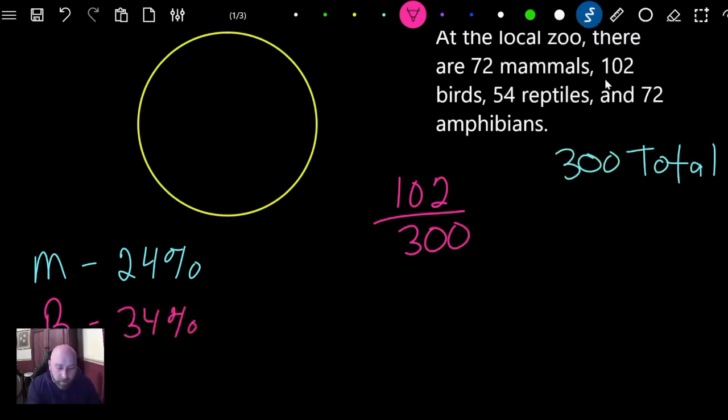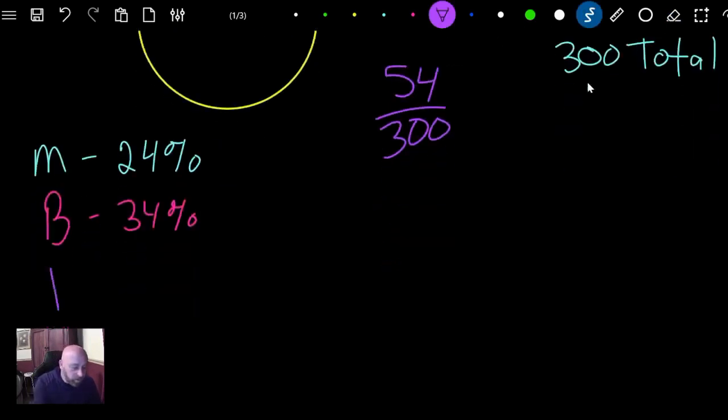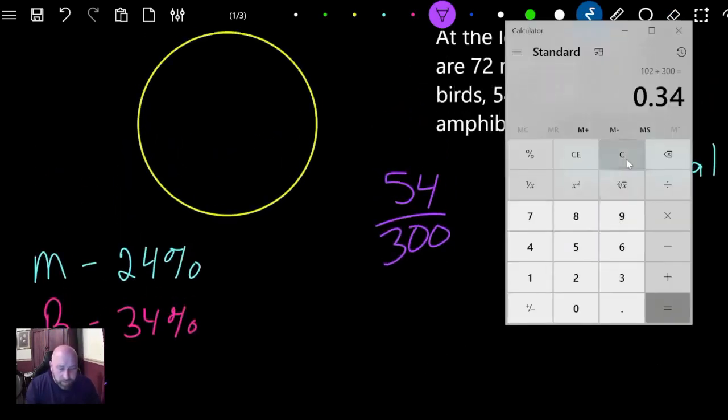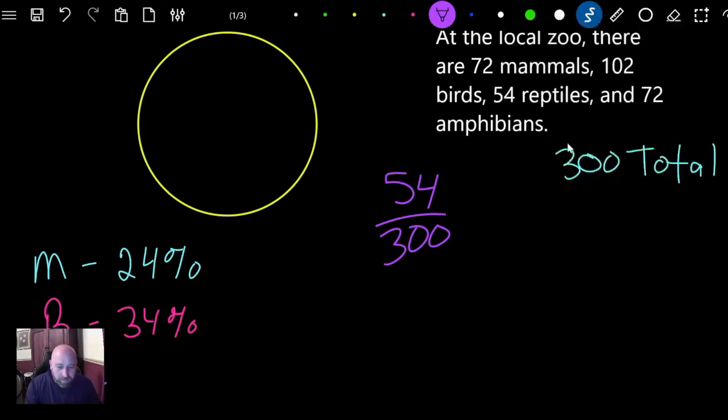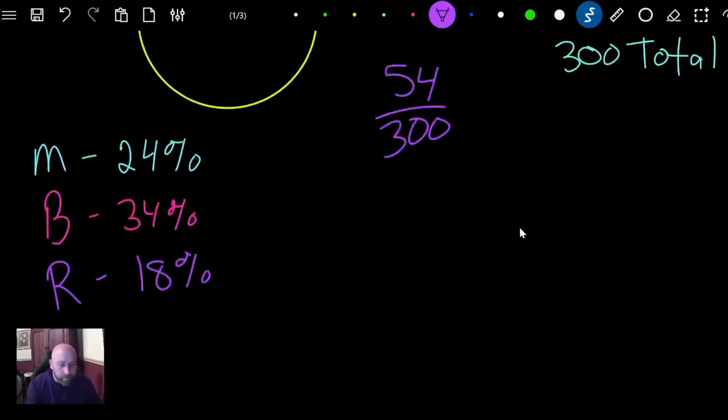All right, and now we're going to do the reptiles, and there were 54 of those. We'll change colors again, we'll go purple here. 54 reptiles over 300. We'll divide that out, and 54 divided by 300 equals 18%. So 18% are reptiles.